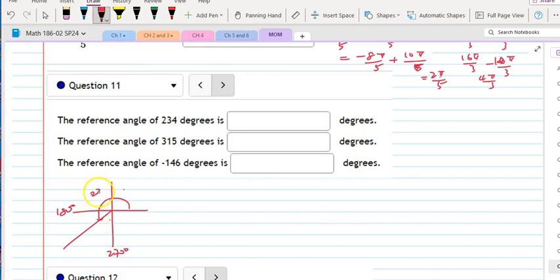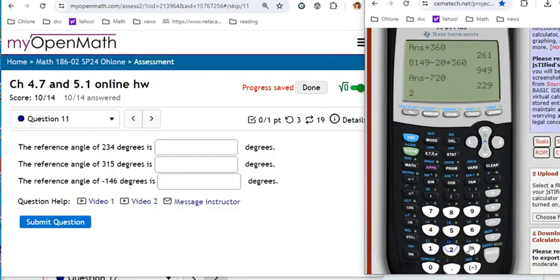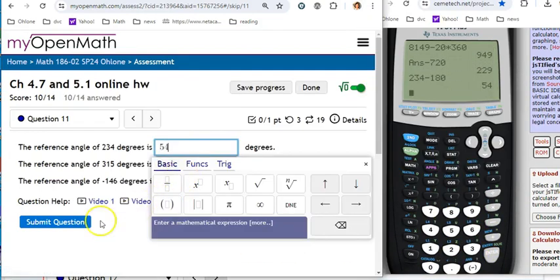What is this angle? This is the reference angle, theta prime, equal to 234 minus 180, equals 54. So the first is 54.